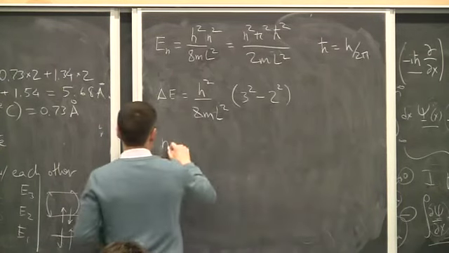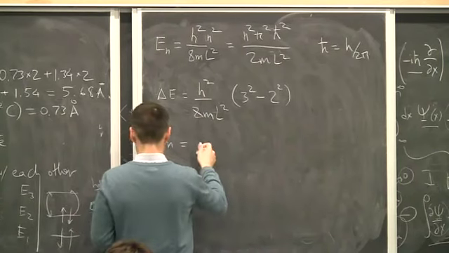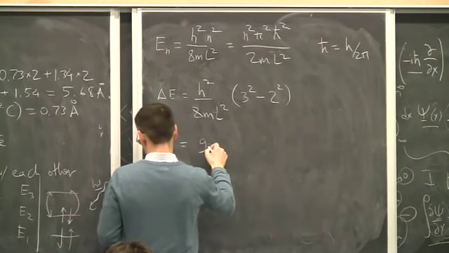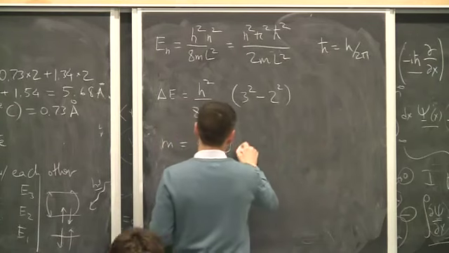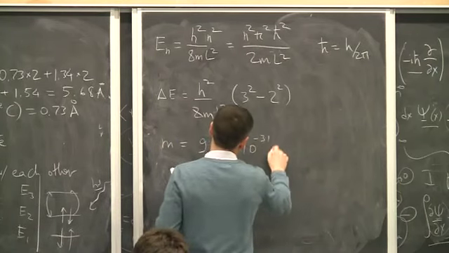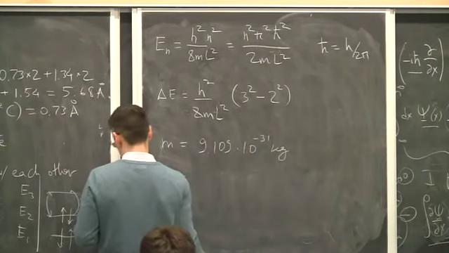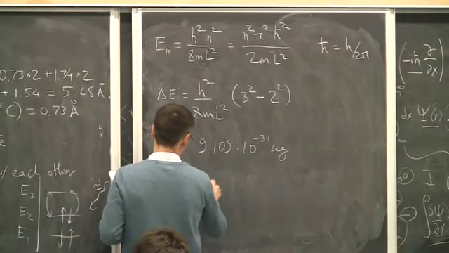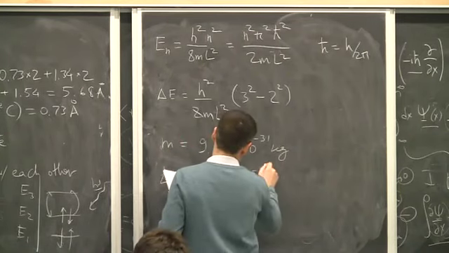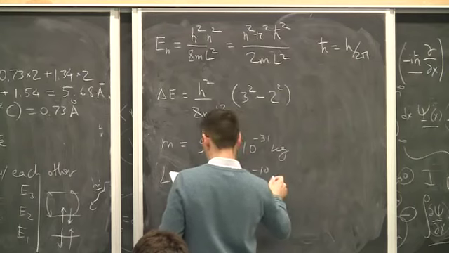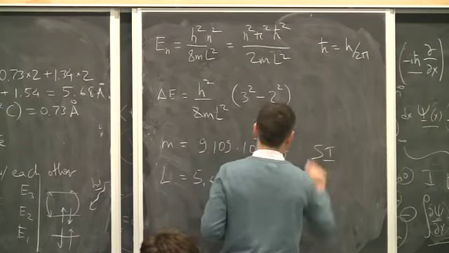Now mass of electron, because that's what we're moving, electron is 9.109 times 10 to the minus 31 kilograms. Size of the box is 5.68 times 10 to the minus 10 meters, so we work in SI units.